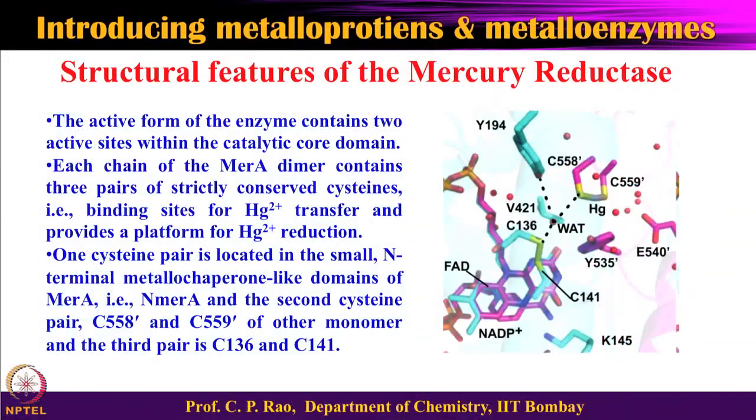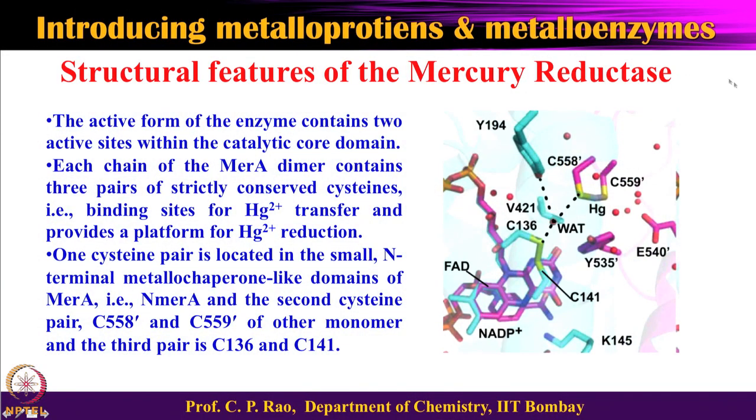Now, this is an enzyme where you have 3 pairs of cysteine pairs. One is at the surface, which is the N chain part of it, and that is exposed to the environment, and that will first pick up the mercury ion. This mercury ion is now transferred to the 558 559 pair by conformational changes, and this itself is not sufficient because it is far away from the reducing cofactor.